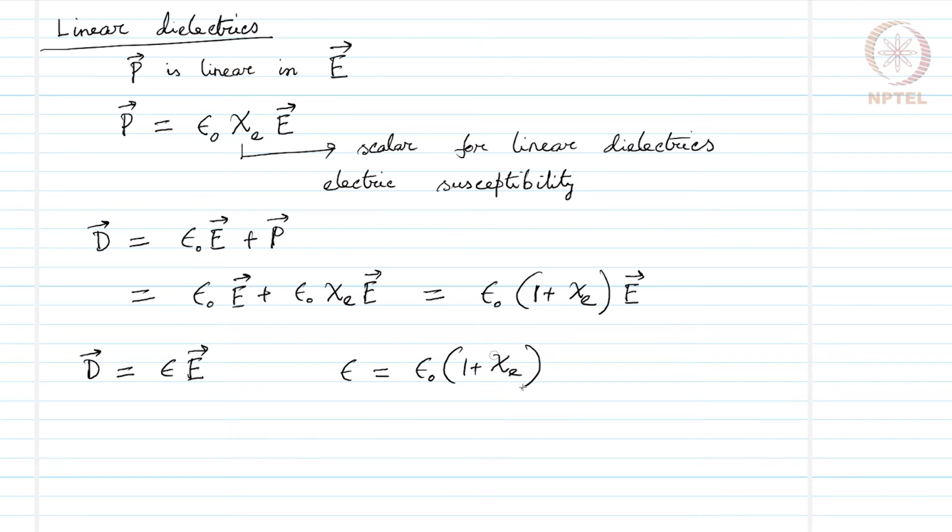And we also define another quantity, the dielectric constant. The dielectric constant is 1 plus the relative electric susceptibility, and this equals epsilon over epsilon naught. We call it the dielectric constant.